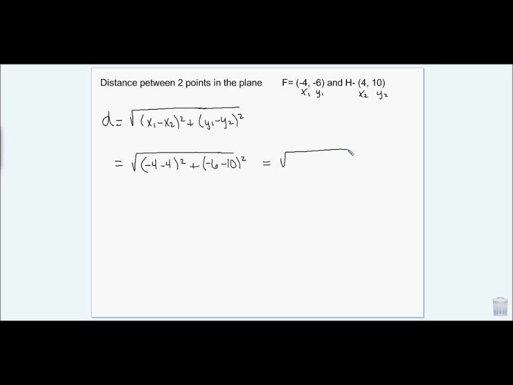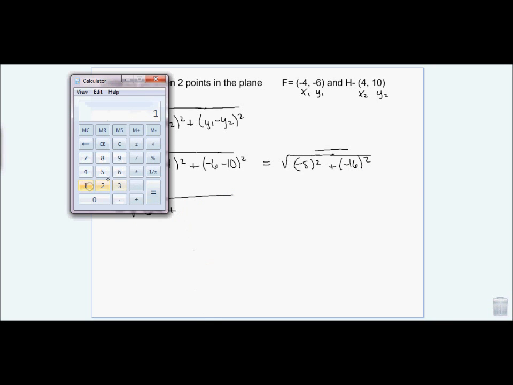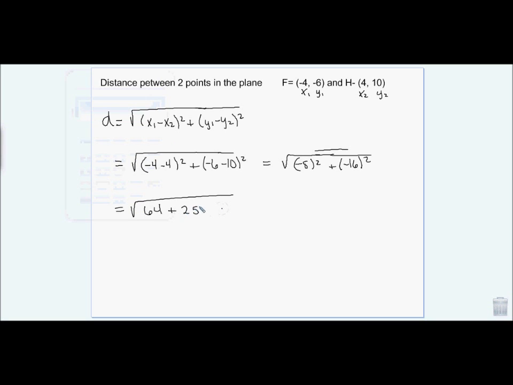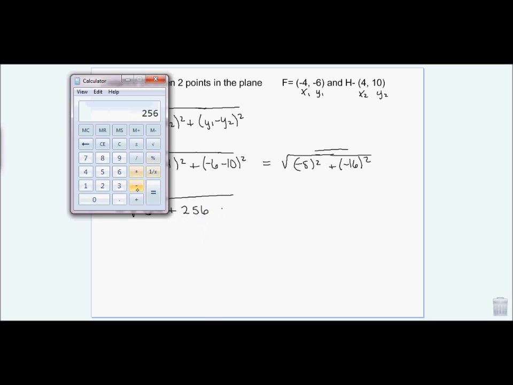So that gives me the square root of negative 8 squared plus negative 16 squared, which is the square root of 64 plus 256. Yes, 256. Add those together, and I get the square root of 320.